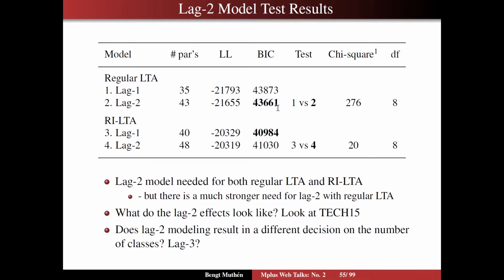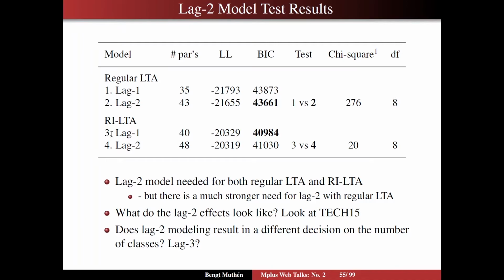If you take a log likelihood ratio chi-square test of the difference, 2 times this difference, testing model 1 versus 2, the chi-square becomes 276 with 8 degrees of freedom, which is the difference here. So it's clearly significant, meaning that you would choose model 2, the one that's bolded here. Model 2 with lag 2 is preferable. Here we don't show the investigation of lag 3, but lag 2 seems to be needed.